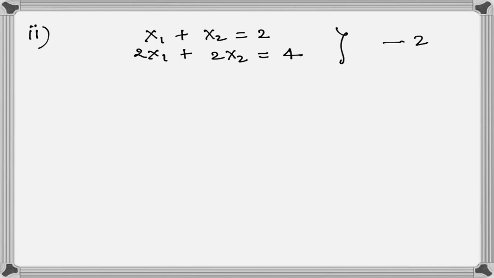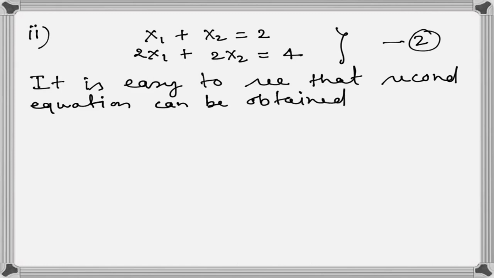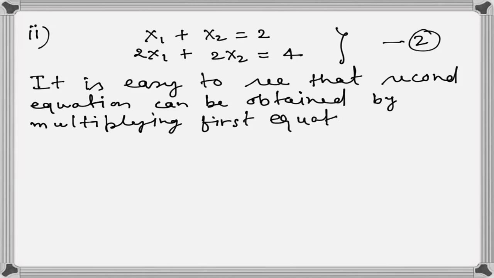If you consider this system of equations, it is easy to see that the second equation can be obtained by multiplying the first equation by 2.